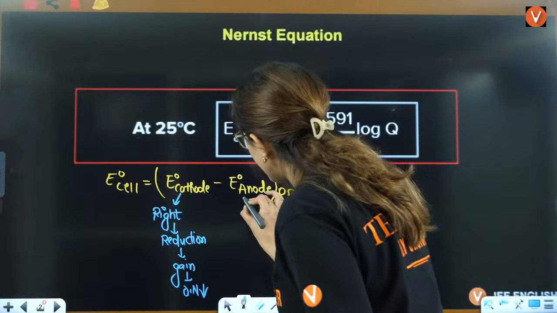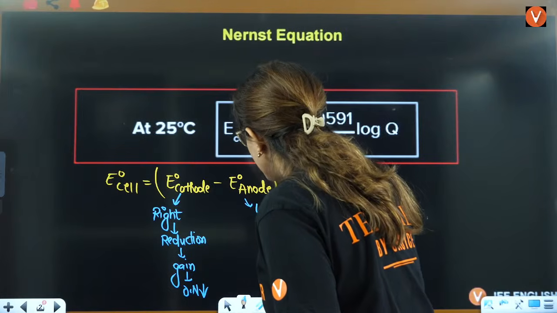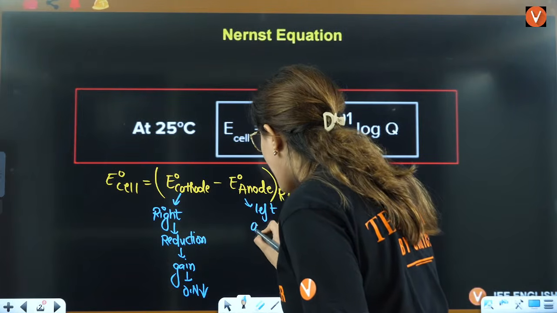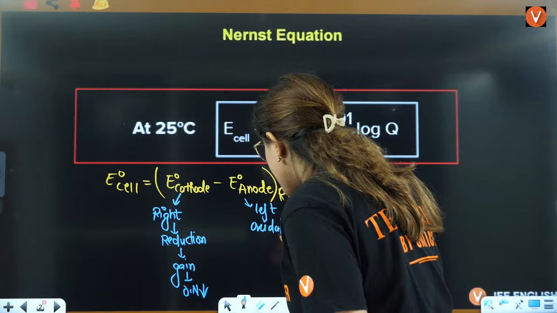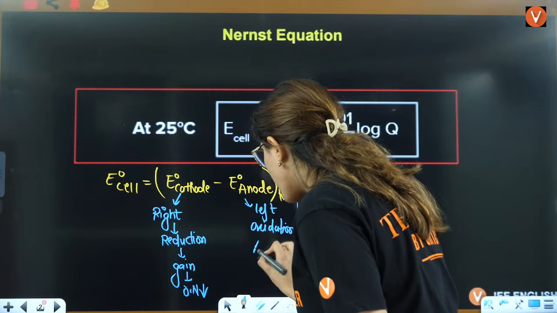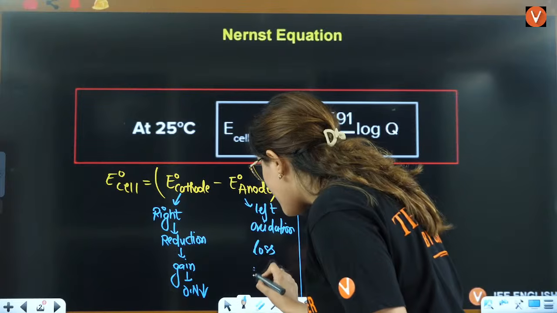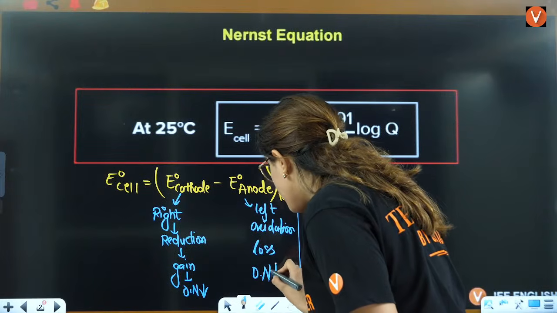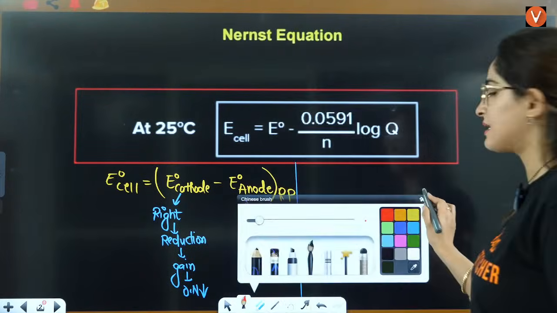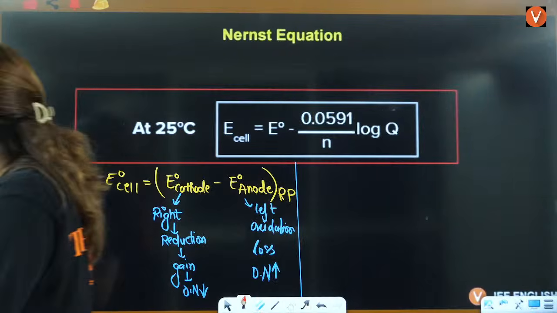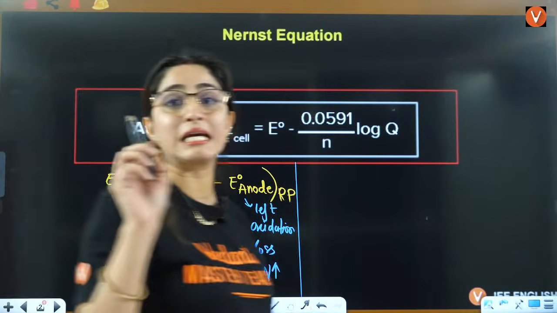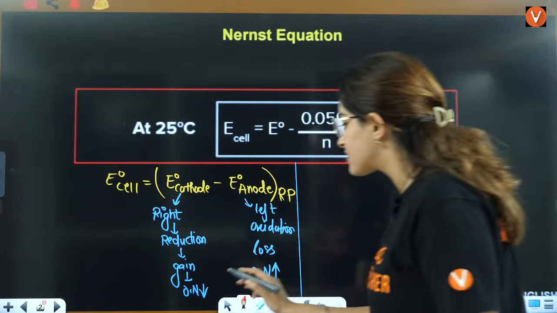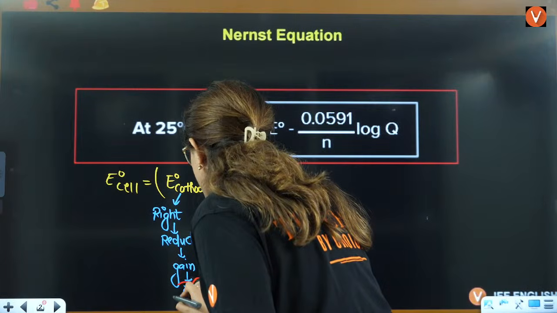At the anode, everything will be opposite. This will be on the left side. Here you will have oxidation, and loss of electrons will take place. Here the oxidation number is going to increase. This is very important: the oxidation number decreases here.